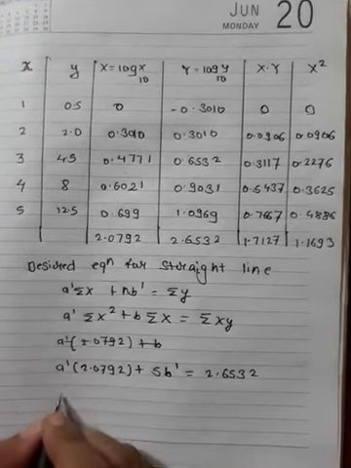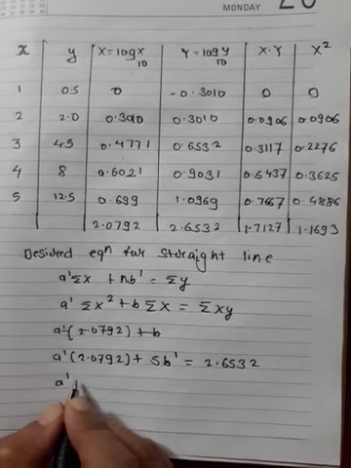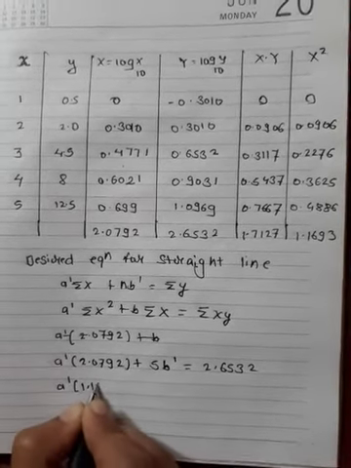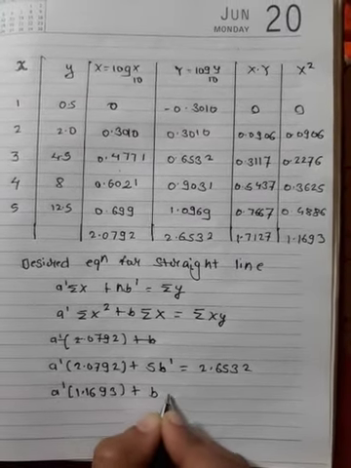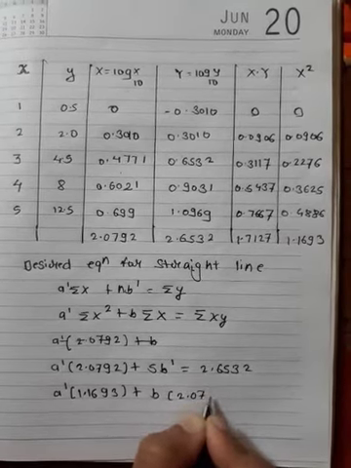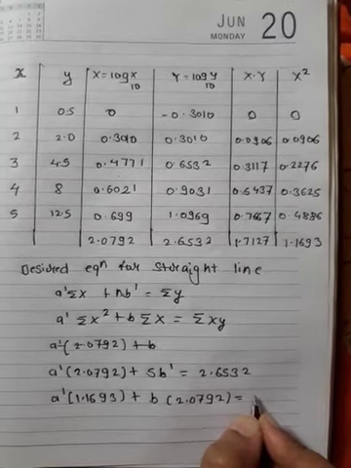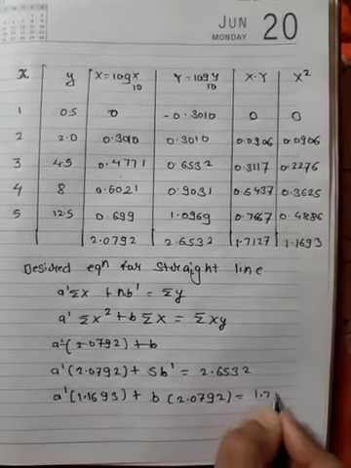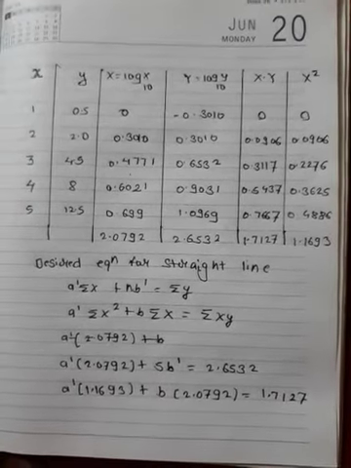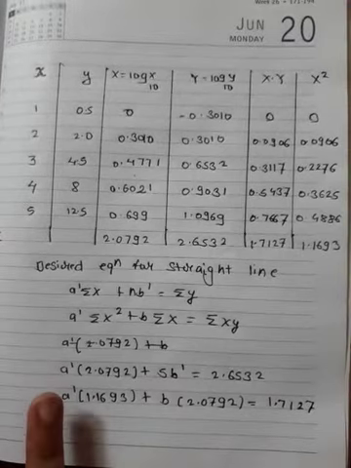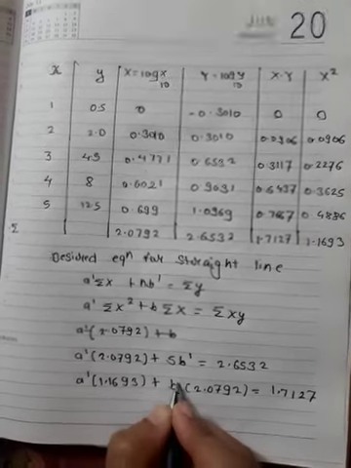Similarly for this equation, a dash into bracket summation x square is 1.1693 plus b dash is unknown, summation x is 2.0792, is equal to summation xy, 1.7127. So from this equation we are going to find out the values of a dash and b dash by using Cramer's rule.